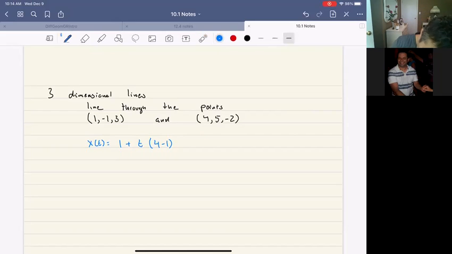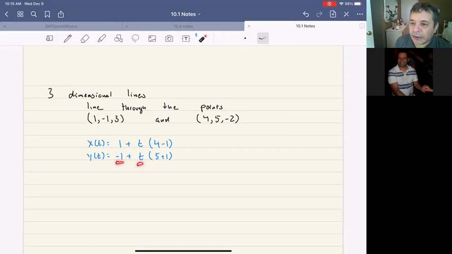Okay? y of t is -1 plus t times 5 plus 1, because it's minus that -1. Again, when t equals 0, it's going to be at -1, and when t equals 1, it's going to be at 5.